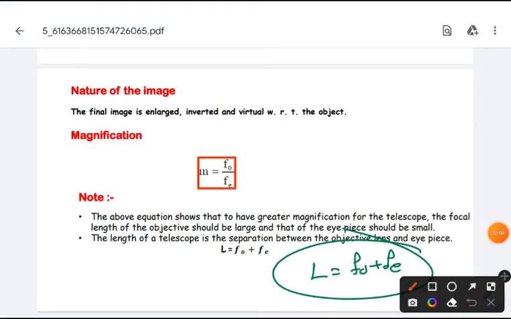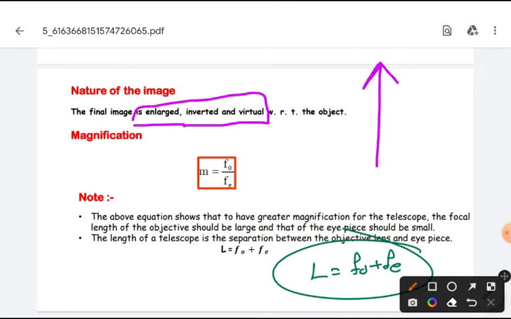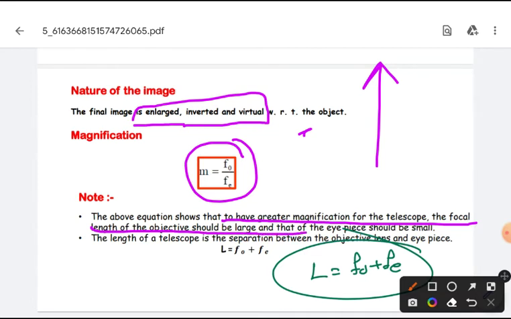The final image is enlarged, inverted and virtual. M is equal to fo by fe. The above equation shows that to have greater magnification for the lens telescope, the focal length of the objective should be larger and that of the eyepiece should be small.